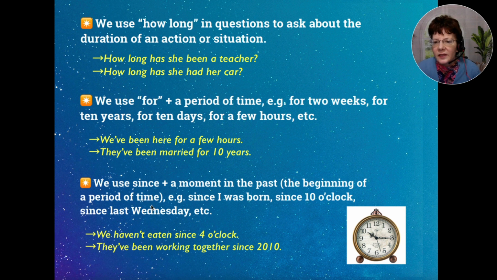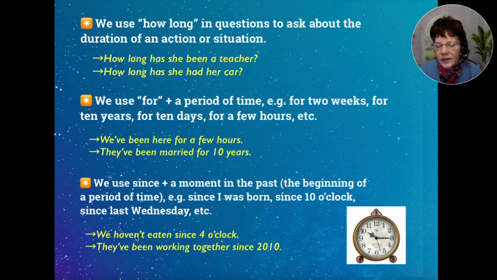Okay, and then we use since plus a moment in the past, like the beginning of some period of time. For example, since I was born, since 10 o'clock, since last Wednesday, etc. So we'll look at these. We haven't eaten since 4 o'clock.